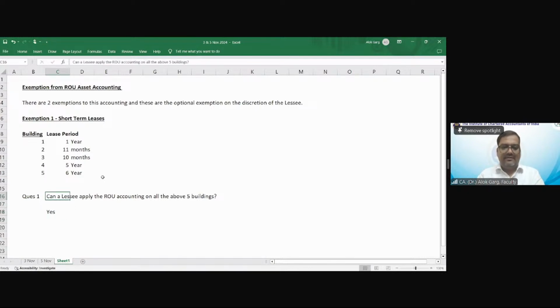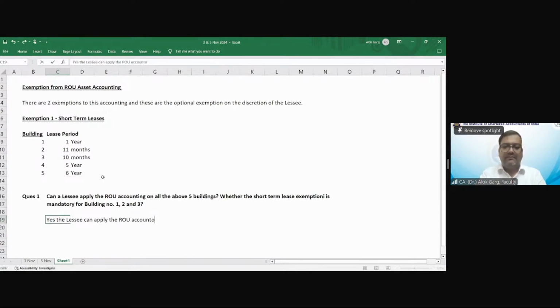Whether the short-term lease exemption is mandatory for building number 1, 2, and 3? Correct? Question is fine, right? You will remember this question going forward. Yes, the lessee can apply the ROU accounting for all of the above 5 buildings. Exemption is not mandatory.